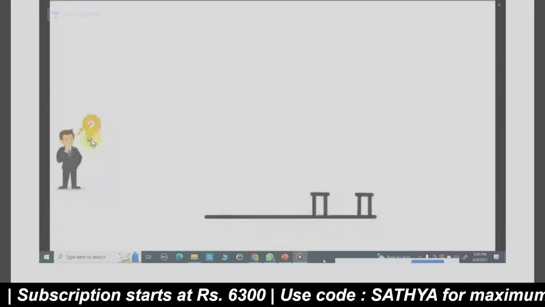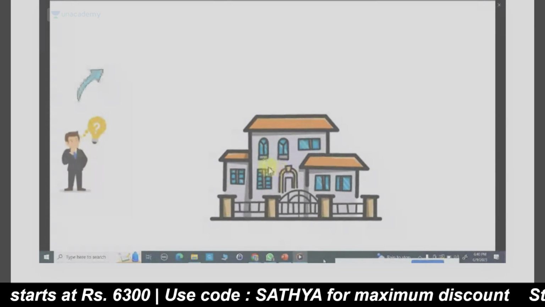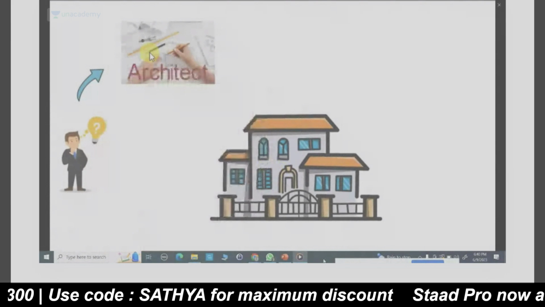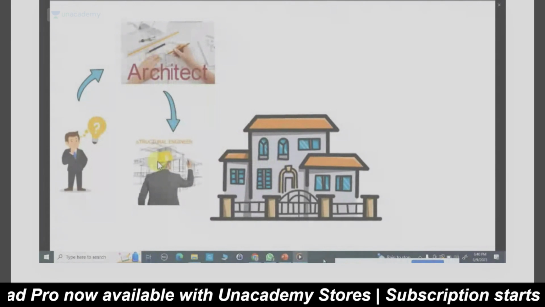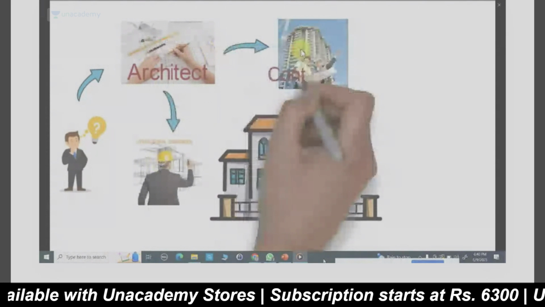Whenever a client wants to construct a building, we will go to the architect to finalize the dimensions of the building, that is the plan of the building. Then it comes to the structural engineer who has to design the structure. It goes to the contractor.